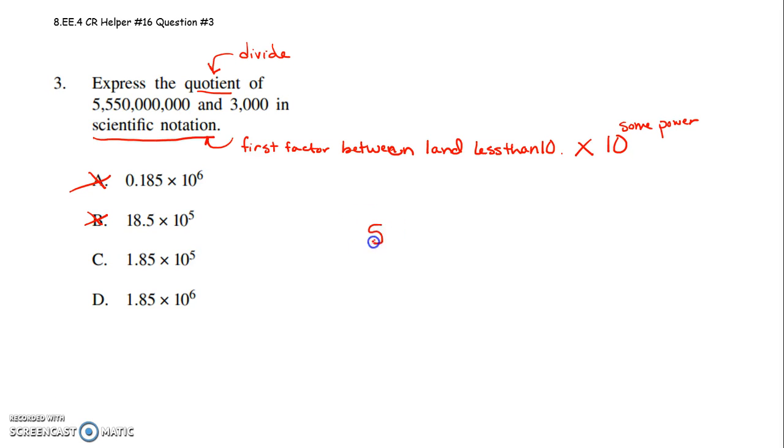So now I'm going to take 5,550,000,000 and divide it by 3,000. And the nice thing here, if I'm going to divide out powers of 10, I can just cancel out that 0, divide out that 0, divide out that 0.